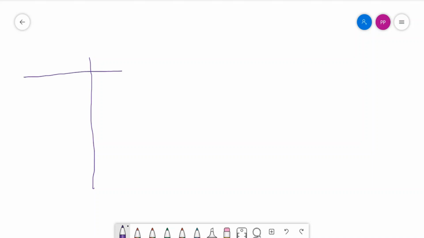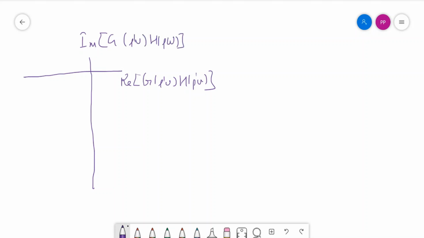So this is the polar plot, with the real part of G at j omega, H at j omega, and here the imaginary part of G at j omega, H at j omega. I am trying to use the same polar plot for the sake of simplicity, because we have the system in real time.